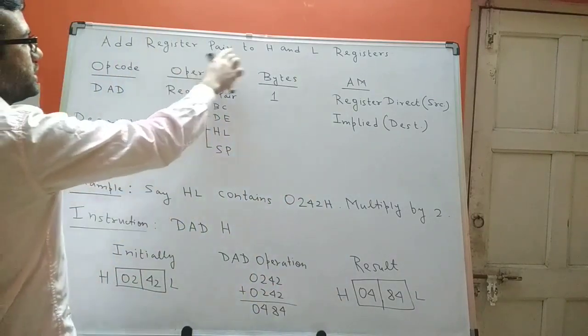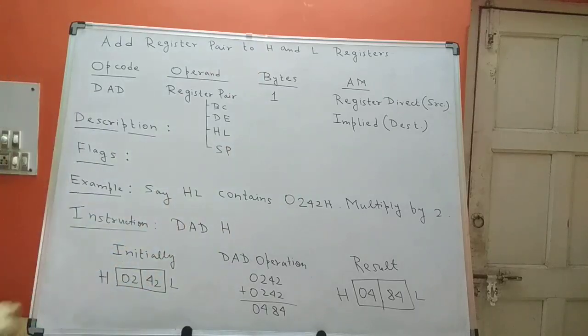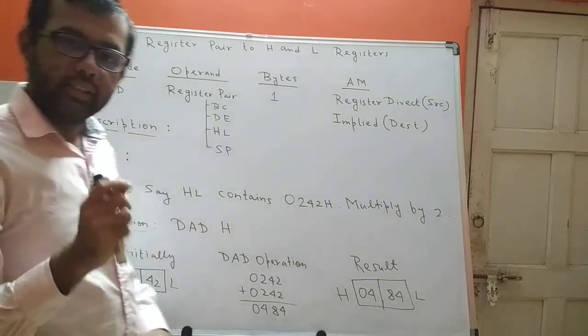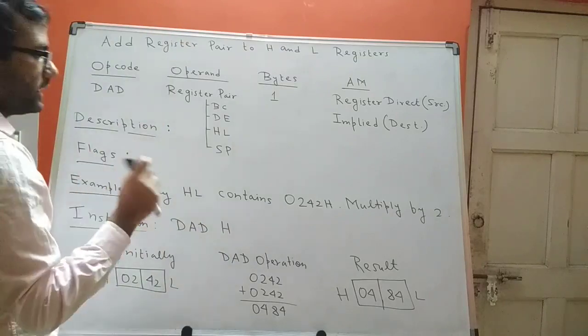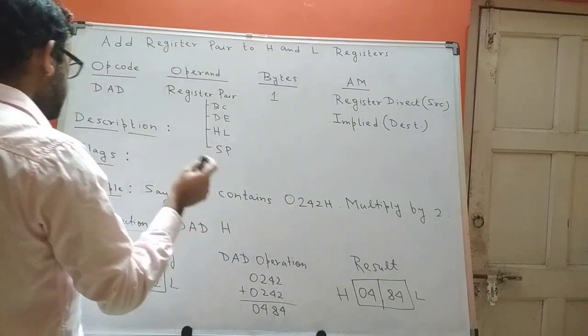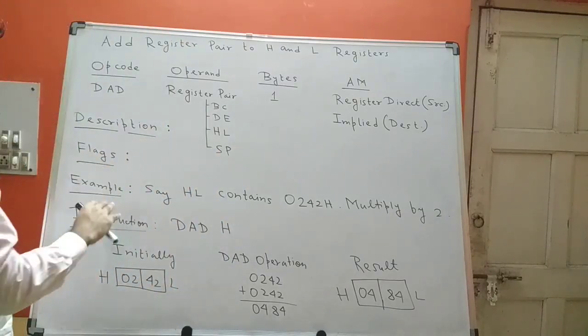Add register pair to HL register, and as I pointed out in the description part, the contents of the source register pair are not altered, and the contents of the HL register are added with the contents of the register pair and the result is stored in the HL register itself. Since the result is stored in the HL register itself, the destination is implied to be the HL register pair. Now let's take an example.